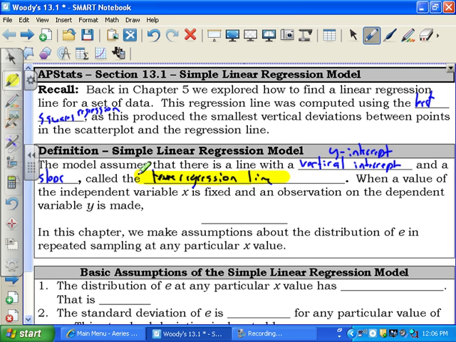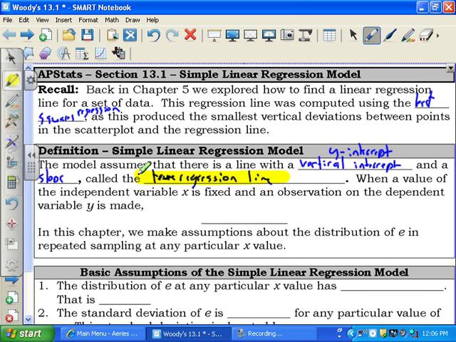We don't have all the data points out there. I'll try to make this smaller or bigger in a sec. We only have the data points from our sample to fit that line. So the true regression line would be something like this: y equals A plus capital BX.